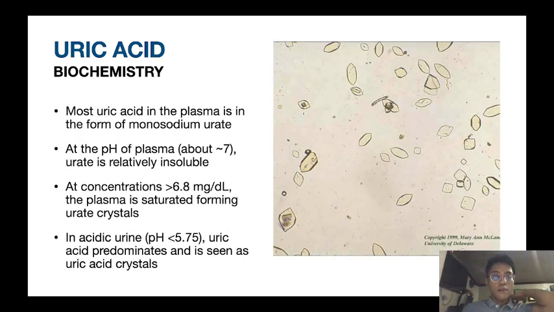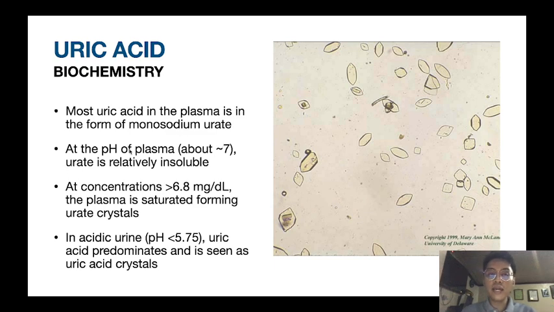So, most uric acid in the plasma is in the form of monosodium urate. Kasi, 'di ba sa plasma natin ang pH is neutral to basic, 'di ba? 7.35 to 7.45. Nasa basic siya na spectrum ng pH. So, kaya siya monosodium urate ang kanyang form kasi nandun siya sa mga basic na pH or neutral na pH.